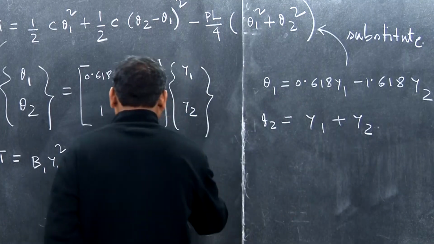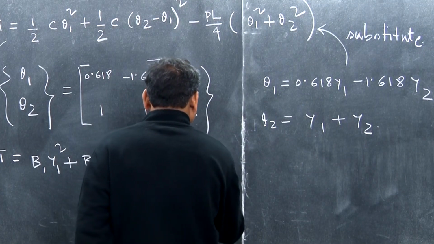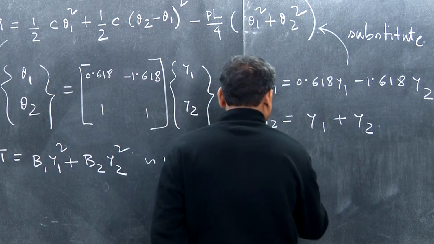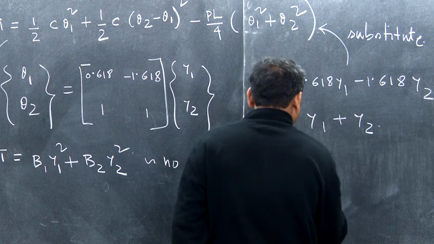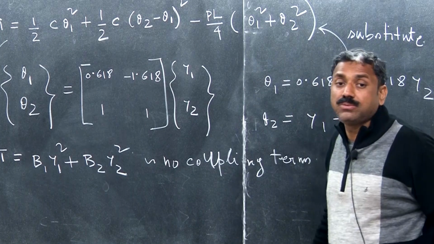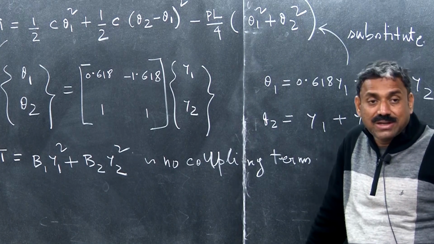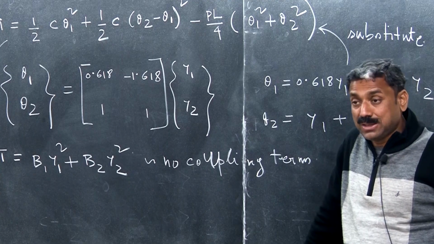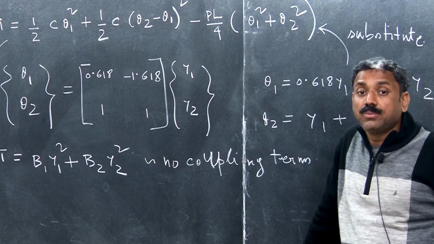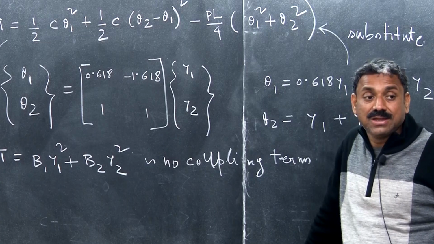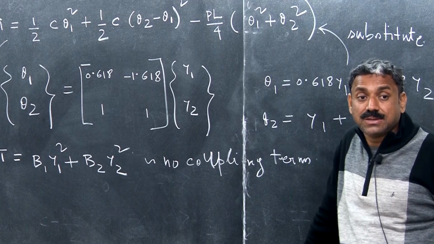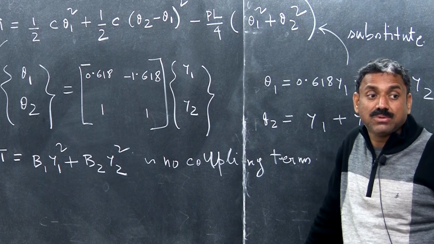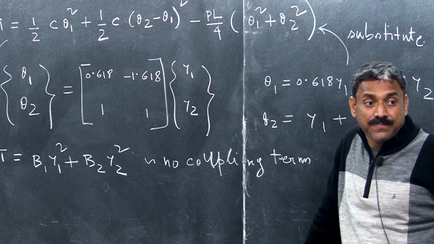You have also done this. In your dynamics course, when you did the eigenvector transformation, your stiffness matrix became uncoupled. You pre-multiply and post-multiply with the eigenvector modal matrix.